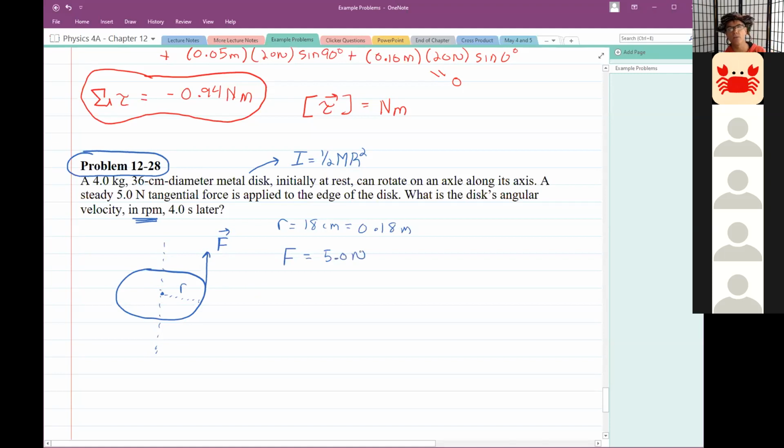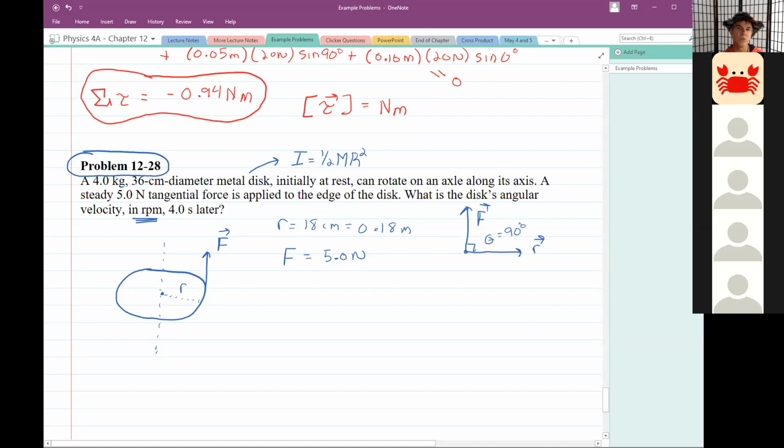And again, if I ever want to know the angle to use for the torque produced by a particular force, it's always the angle between the r vector, which points from the axis of rotation to where the force is applied, and the force vector. The way I have this drawn, the angle between these two is 90 degrees.